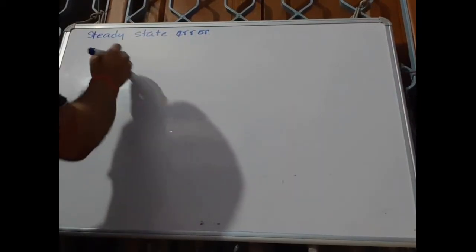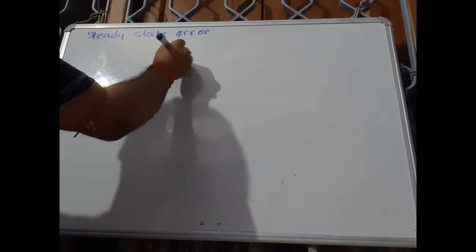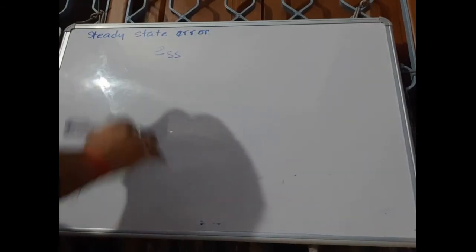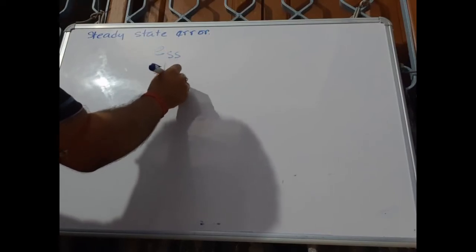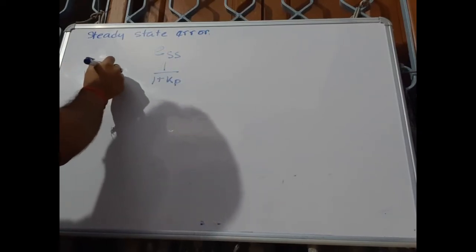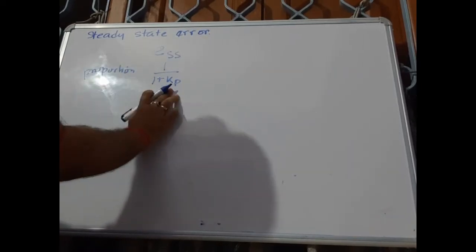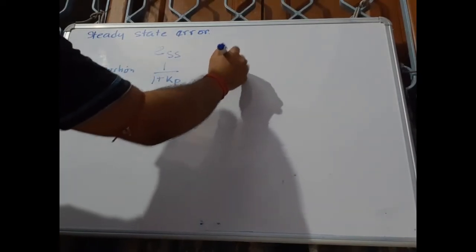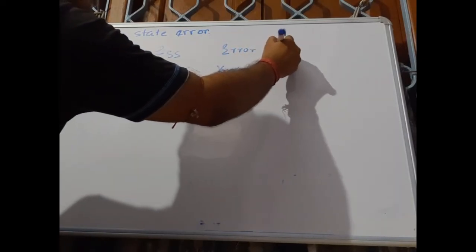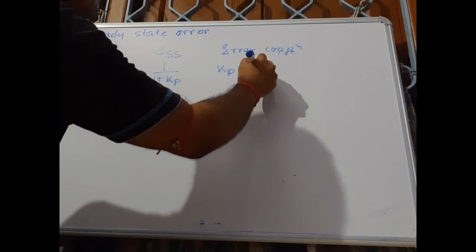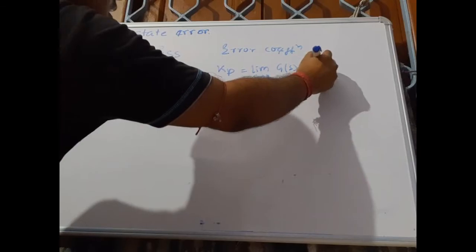We have the steady state error e_ss, for step input it is 1 by 1 plus Kp, where Kp is the proportional error coefficient, and Kp is equal to limit of s tends to 0 G(s)H(s), right?